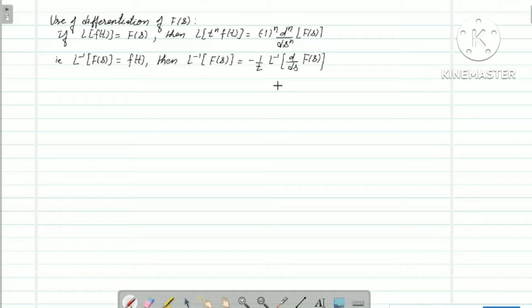Okay, d by ds F of s, and we will use this formula to find the inverse Laplace transform of the given function.